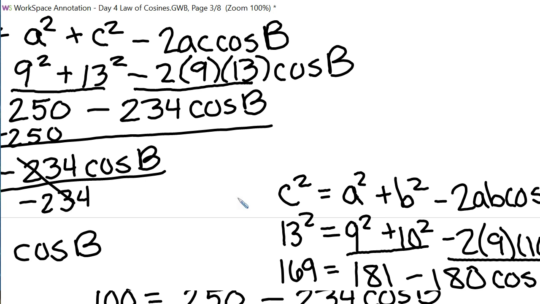Subtract 181 from both sides. What is 169 minus 181? Negative 12. Negative 12 equals negative 180 times the cosine of angle C. Divide both sides by negative 180.